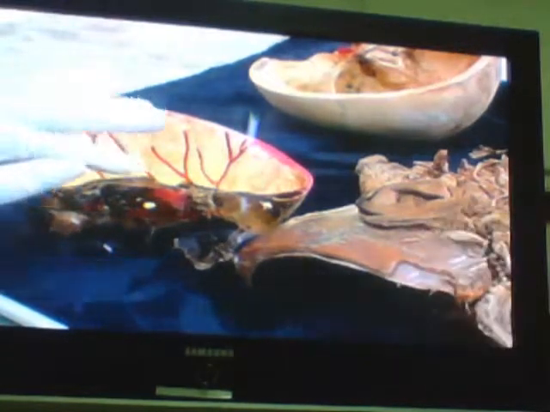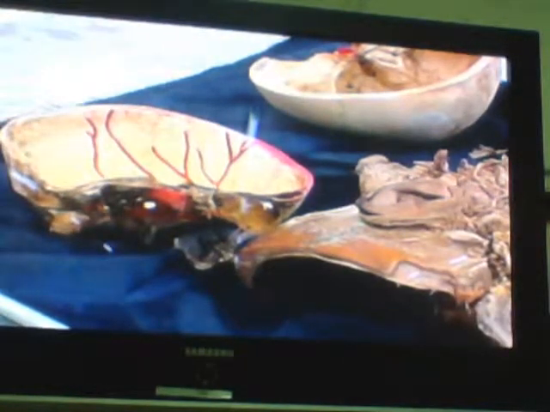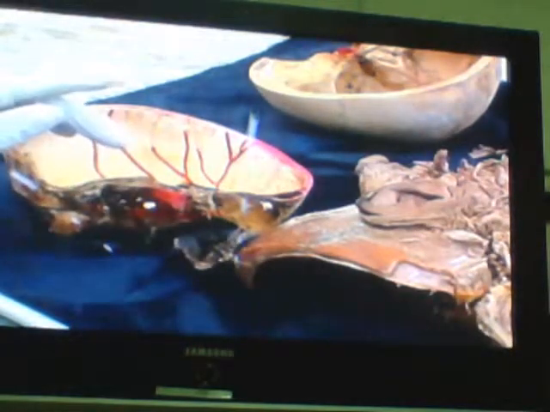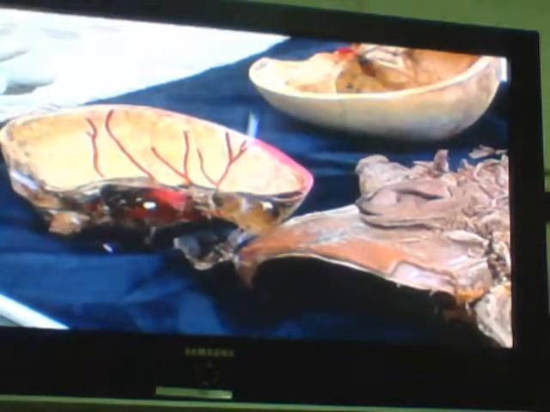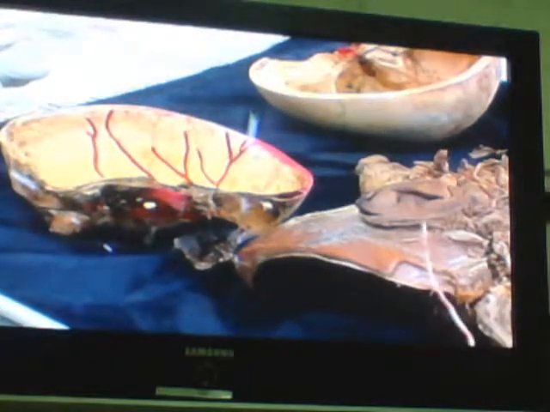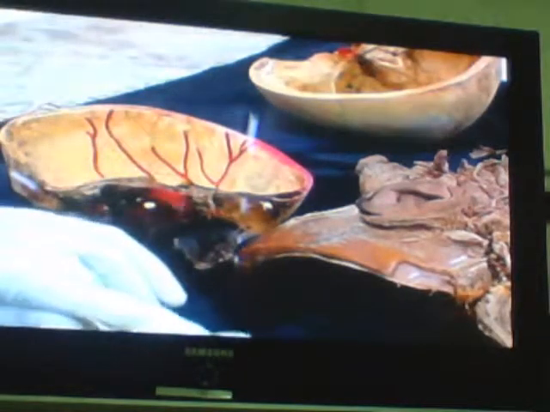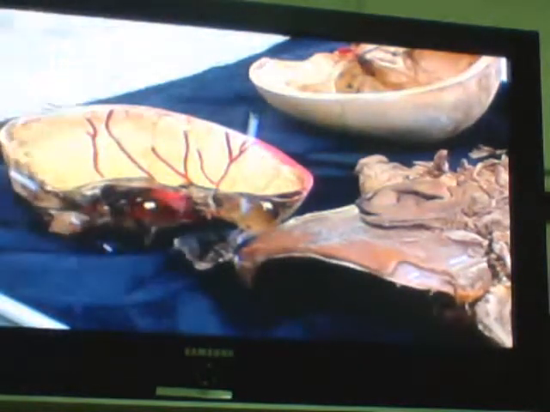You come medial to it, you're in pontine territory. 6 comes out between the pyramid and pons. 6, 7, and 8 come from between the pons and the medulla.